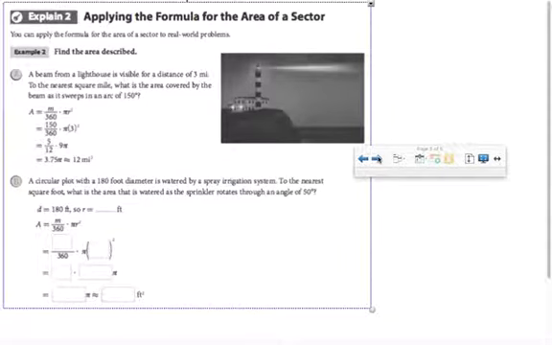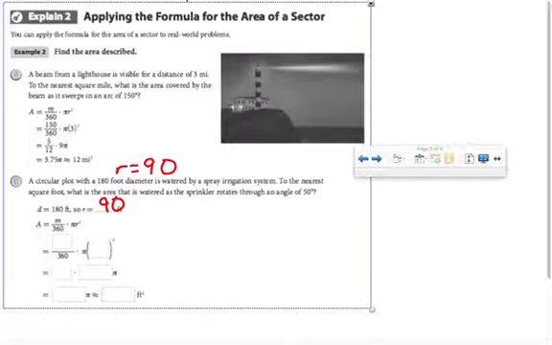I have a circular plot in part B with a 180-foot diameter. So right away, I'm going to write down that my R is 90, so I don't do something foolish like plug in 180 for R. And it's watered by an irrigation system to the nearest square foot. What is the area that is watered as the sprinkler rotates through an angle of 50?